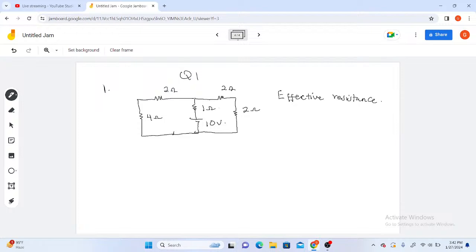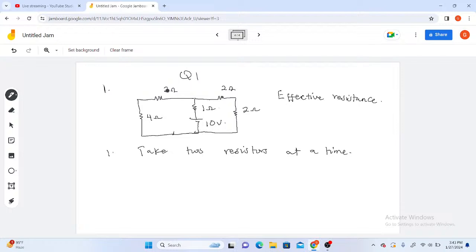To begin with, the first step is take two resistors at a time. Please, these are the tips on how to go about finding effective resistance of complex circuits, no matter how big the circuit is or no matter how complicated the circuit is.